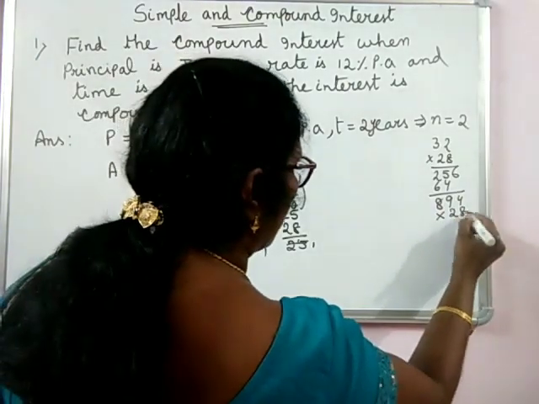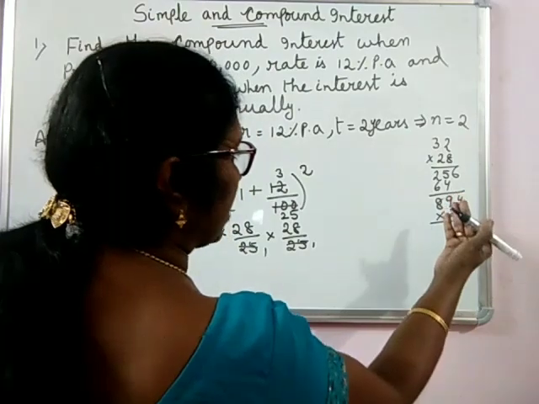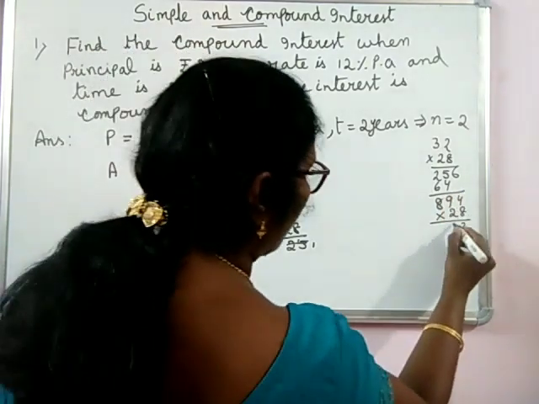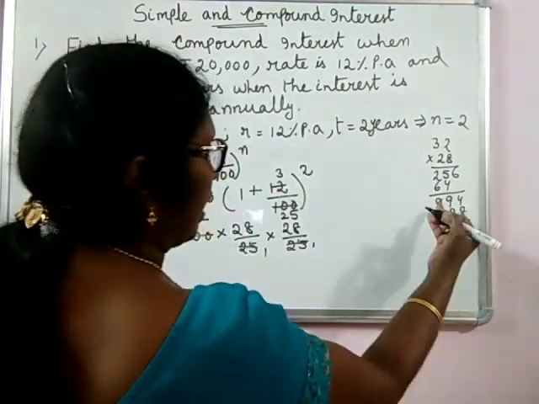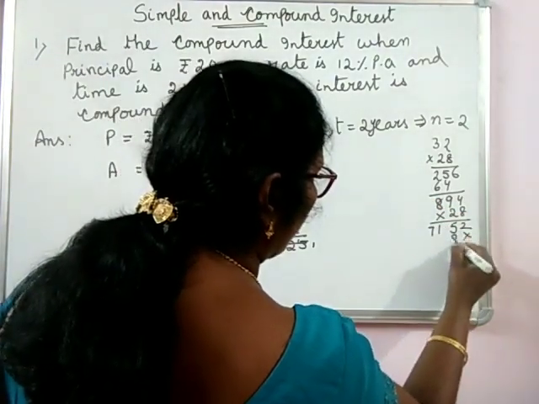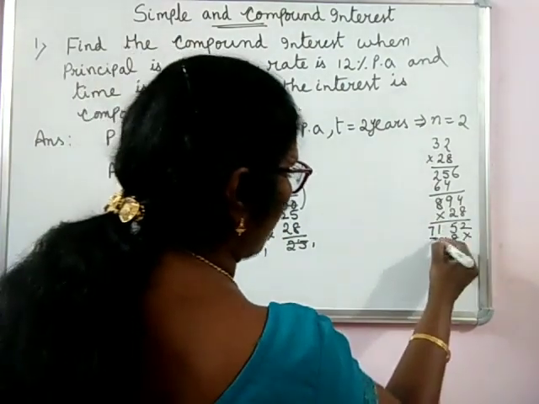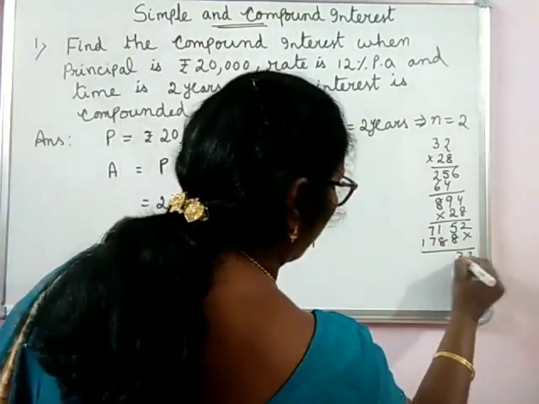Again into 28. 8 4 the 32, 3 carrying. 8 9 the 72, 3, 75, 7. 8 8 the 64, 7, 71. 2 4 the 8. 2 9 the 18, 8, 1 carrying. 2 8 the 16, 1, 17.